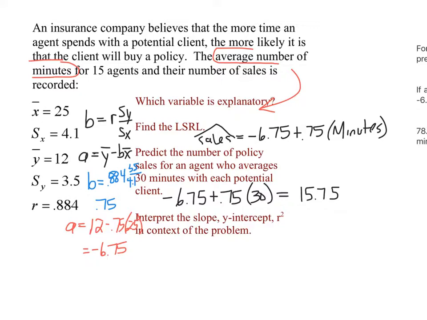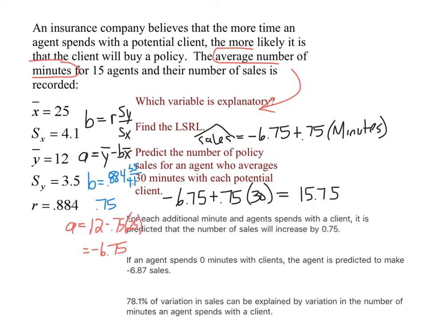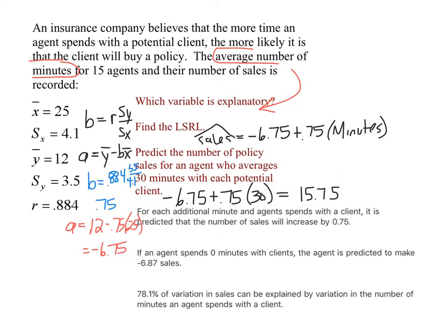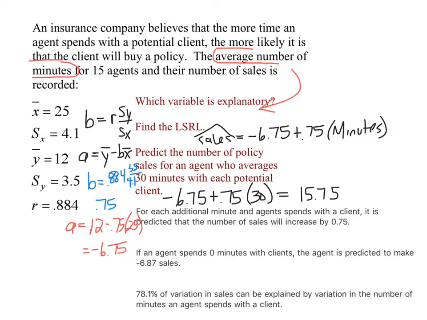Now, in terms of interpreting the slope, the y-intercept, and r squared, I pre-did this because it's a little bit long to talk about. So let me put this where we can read it. Sorry, when I typed this, I may have done slightly different rounding. So slope: for each additional minute an agent spends with a client, it is predicted that the amount of sales will go up by 0.75.